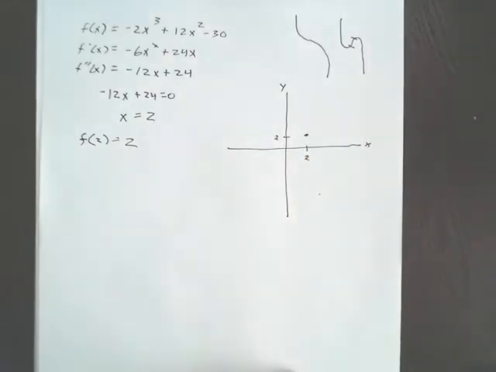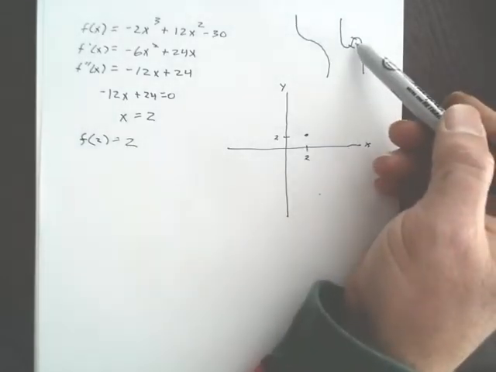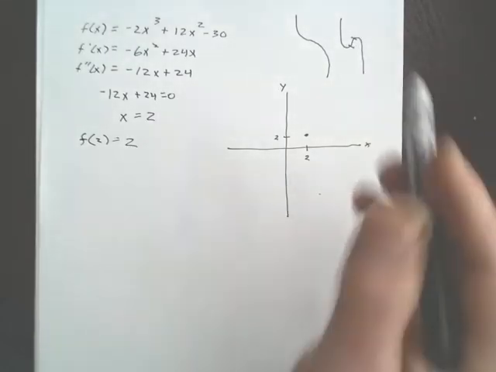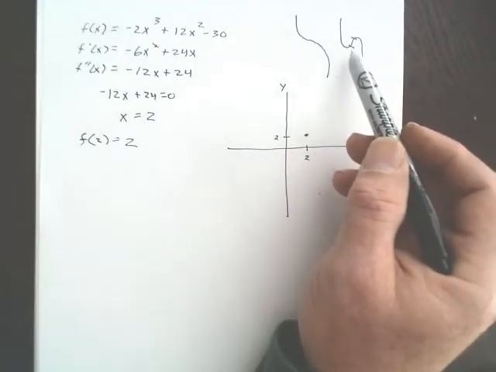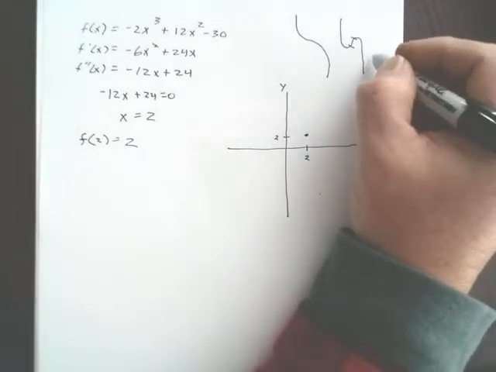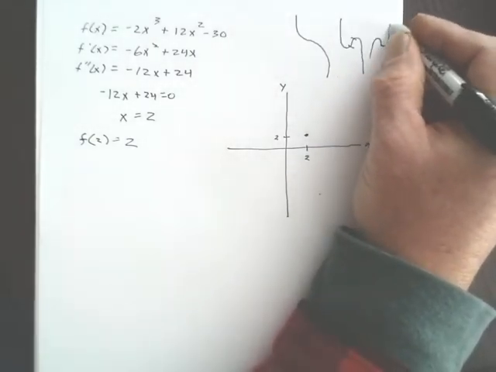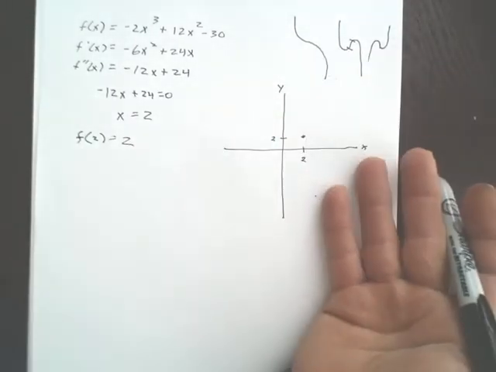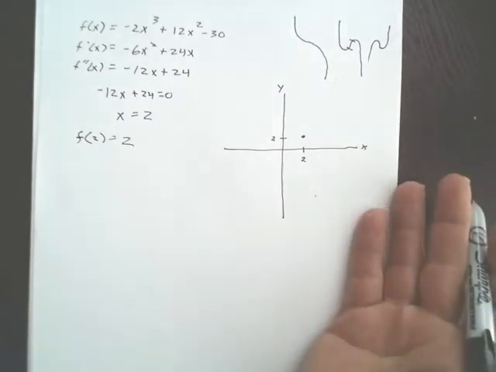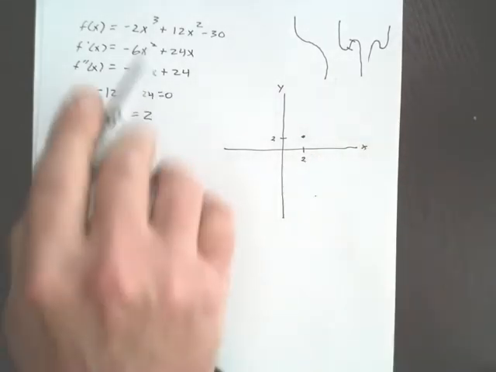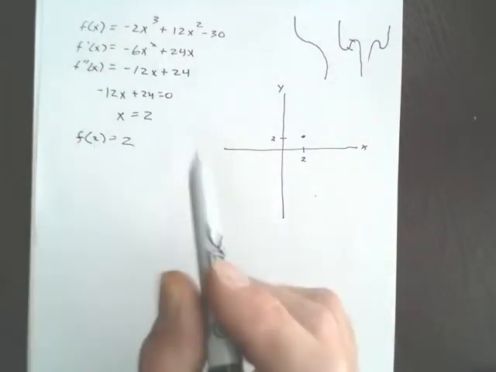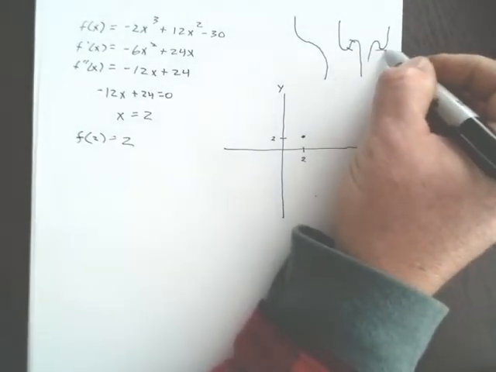Now, since we know we have a function like this, we need to find the max and min. This function could either look like this or look like this. We don't know which way this function is flipped until we find where the maxes and mins are. We find them by setting the first derivative equal to 0, because that's where the slope is going to be 0.